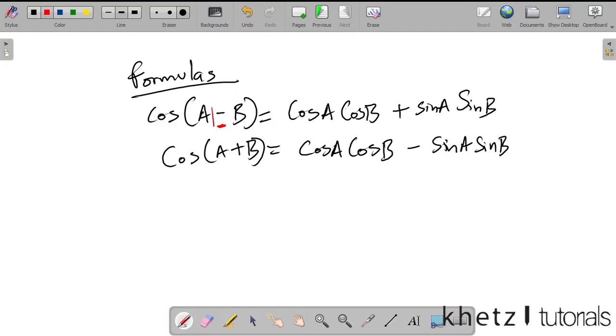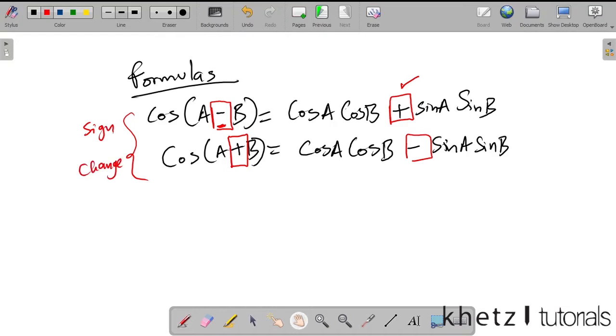If you have cosine of A subtract B, it results in cosine A cosine B plus, and here you have the opposite. If you have a plus sign, it results in a negative. So here's the first thing to note for cosine in your compound angle formulas: there is a sign change.